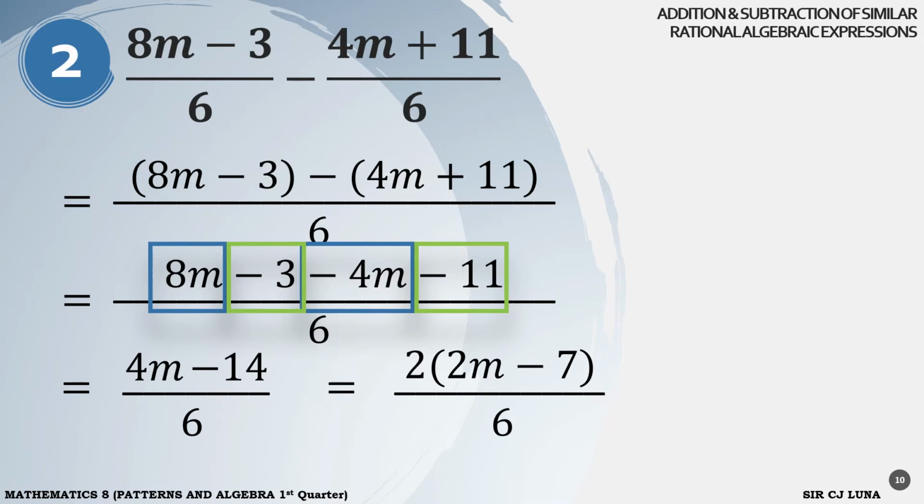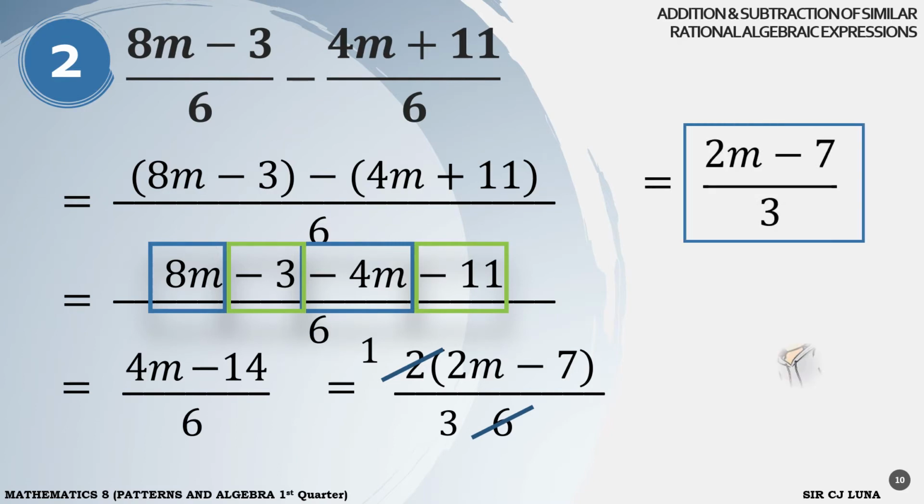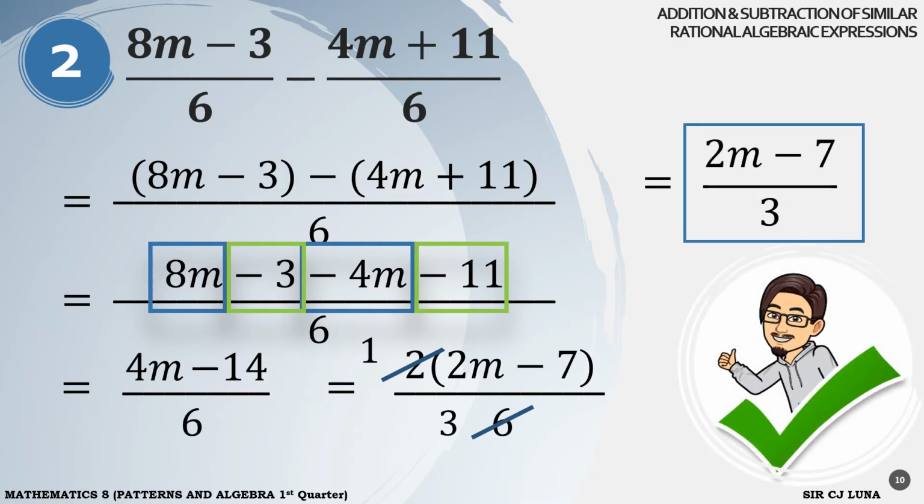Now we can simplify 2 over 6 by 2 and it will become 1 over 3. So our answer now is 2m minus 7 over 3. Any questions? Did you get it? Okay, that's nice to hear.